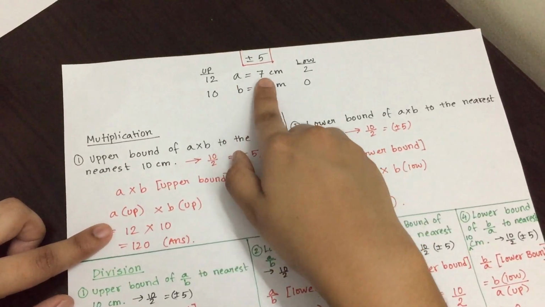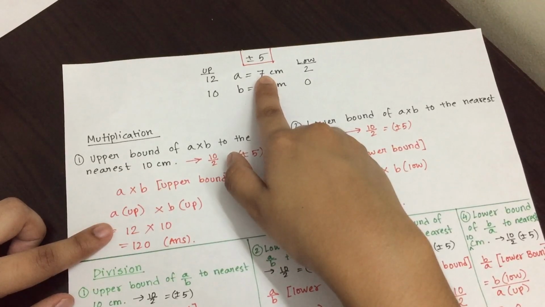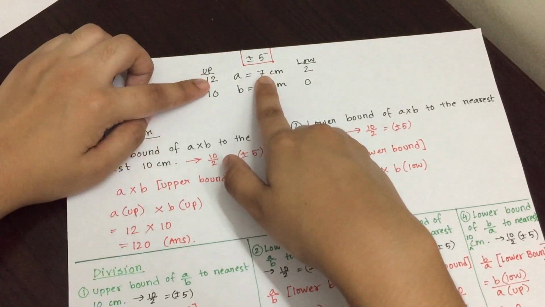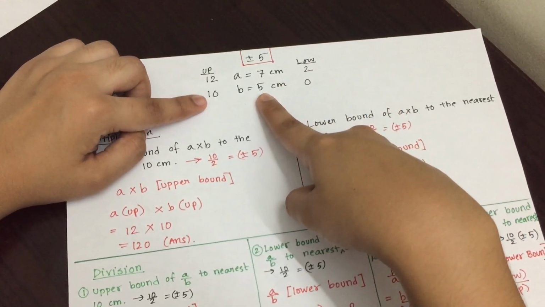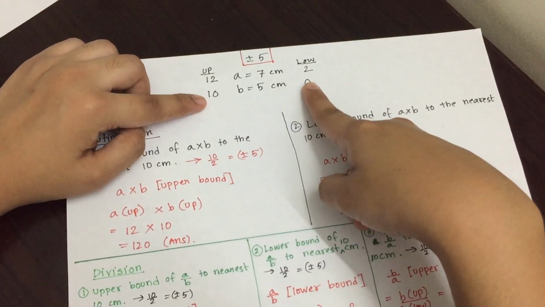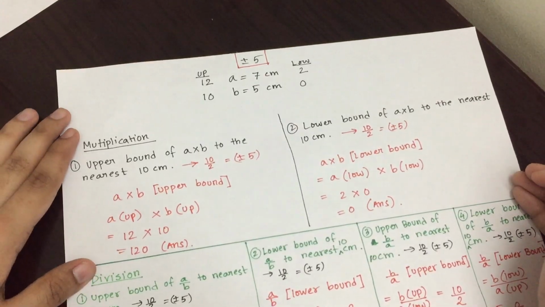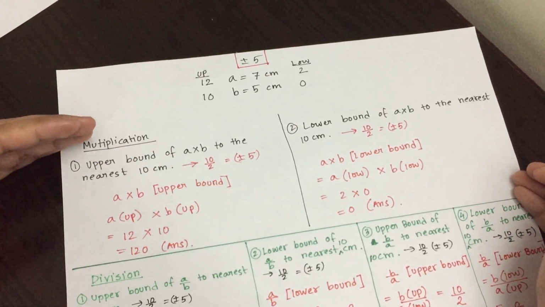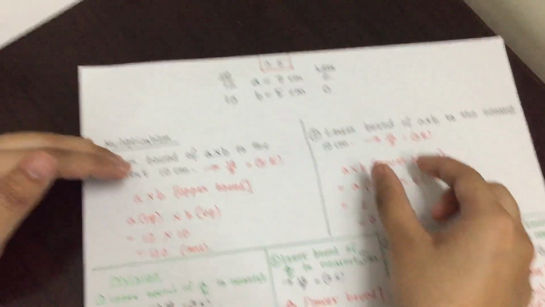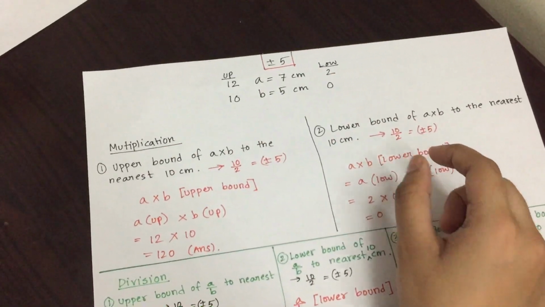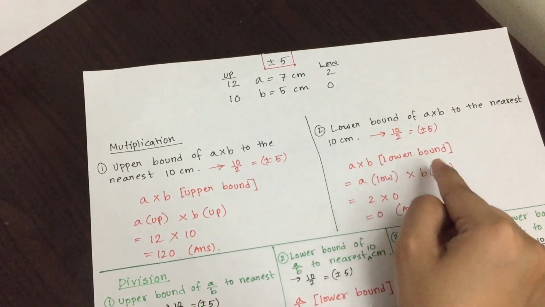Here, I have added and subtracted 5 from these numbers. 7 plus 5 is 12, and 7 minus 5 is 2. 5 plus 5 is 10, and 5 minus 5 is 0. So this was our upper bound, and when it comes to lower bound, in case of multiplication, for both the numbers, we are taking the lower bounds.